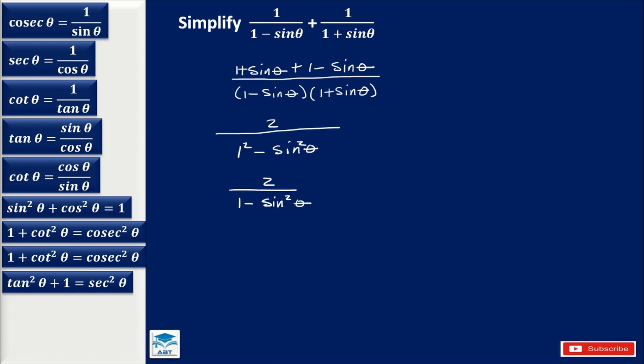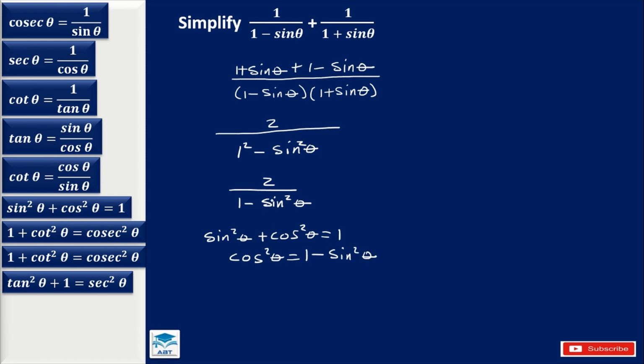But sine squared theta plus cos squared theta is equal to 1. So if we send sine squared theta to the other side of the equation, we have cos squared theta is equal to 1 minus sine squared theta.